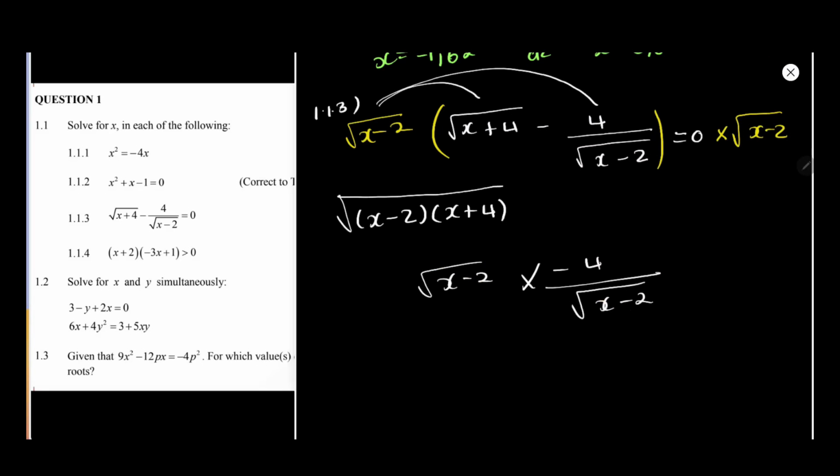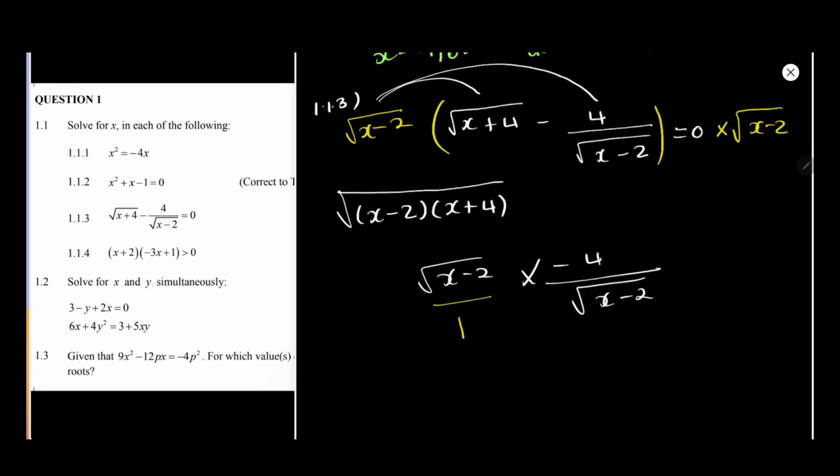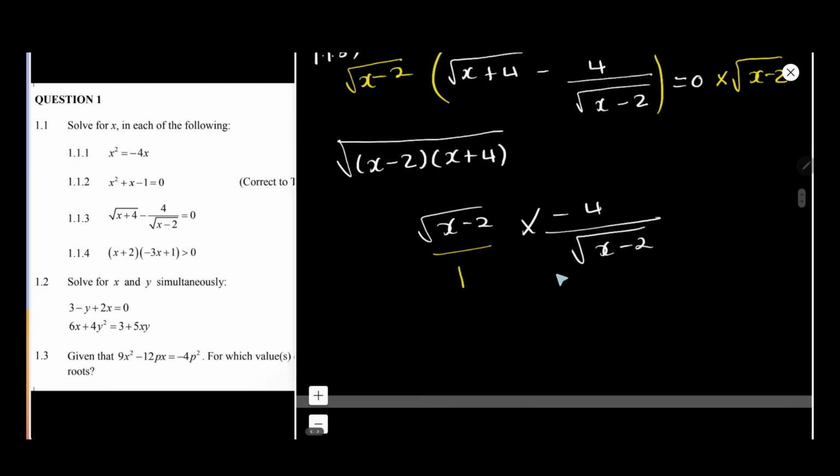Remember, you have a fraction being multiplied by something that is not a fraction, so you first have to make this a fraction by putting it over 1. Since it's over 1, we are saying numerator times numerator, which is negative 4 square root x minus 2, over 1 times that square root x minus 2. And so now you can see the top and the bottom would cancel. And that's why these two cancel.